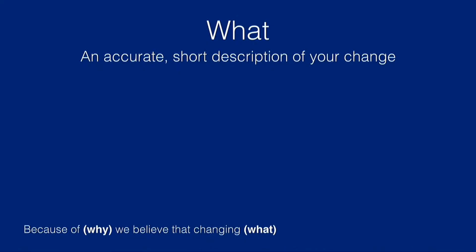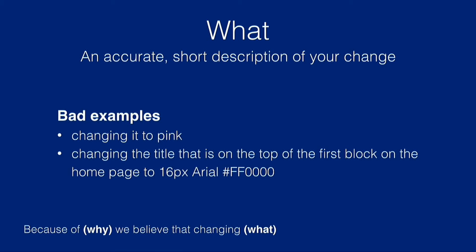And then you should look at the what. The what is a short but accurate description of your change. An example is changing it to pink. It's short, but it's not really accurate, because what are you changing to pink? And what part of that thing are you changing to pink?